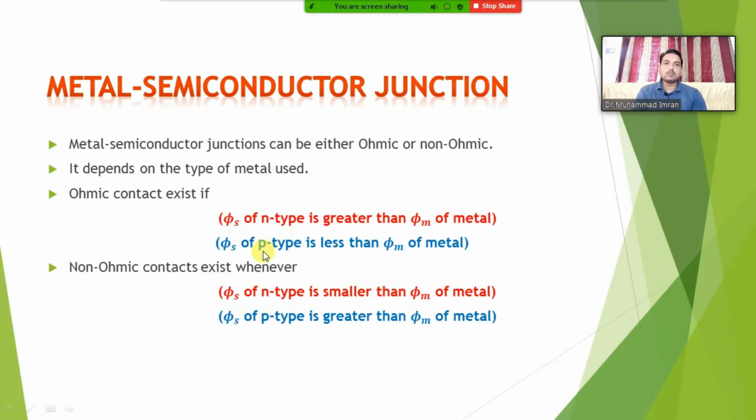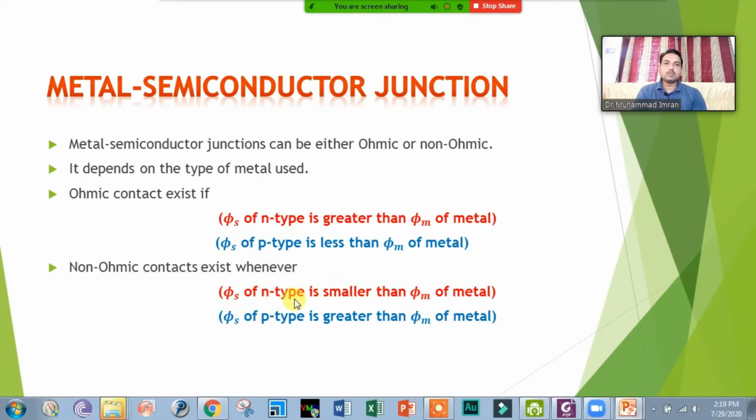However, if you want to form a rectifying or non-ohmic contact, just like you have studied in semiconductor junctions or diodes, where the IV characteristics are non-ohmic: for a non-ohmic contact, phi s of n-type is smaller than phi m of the metal.